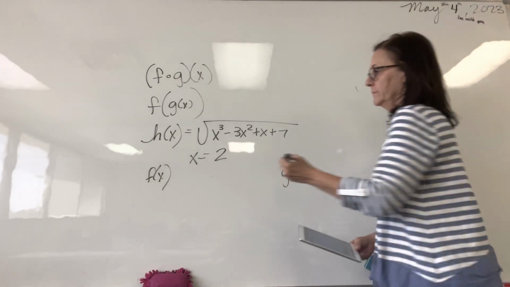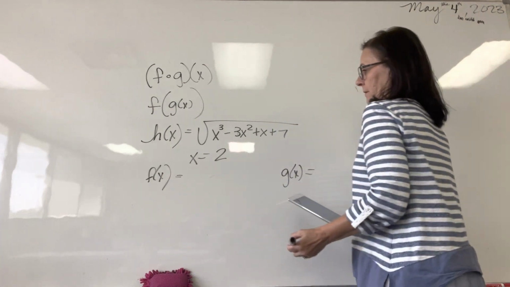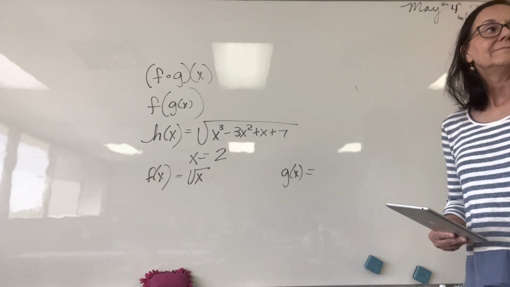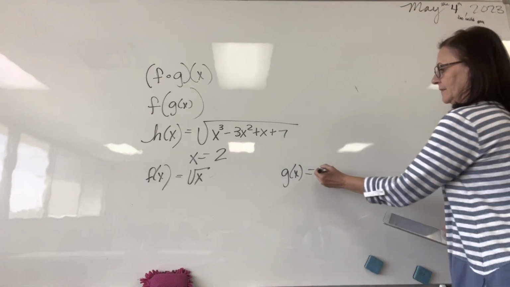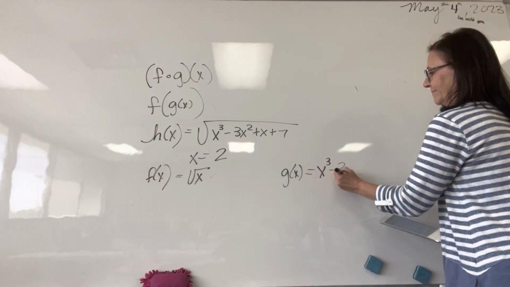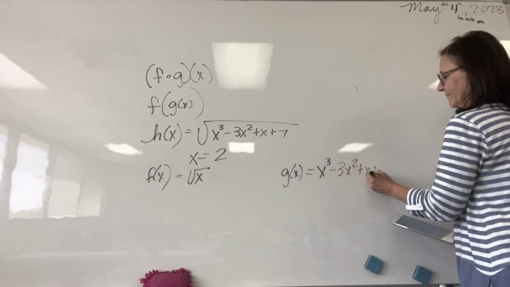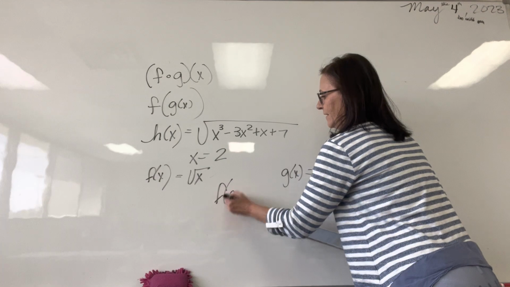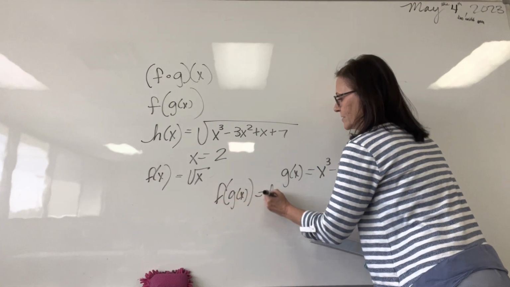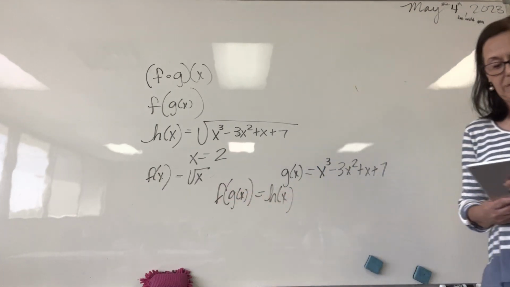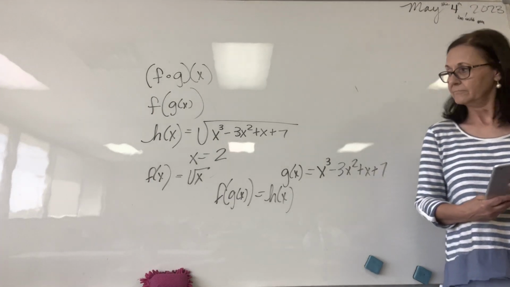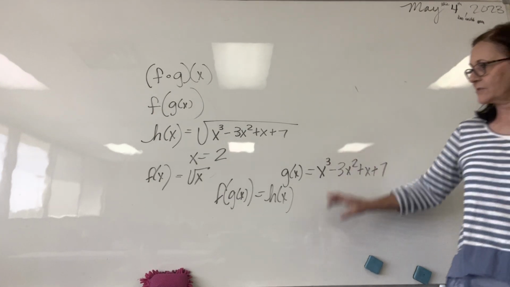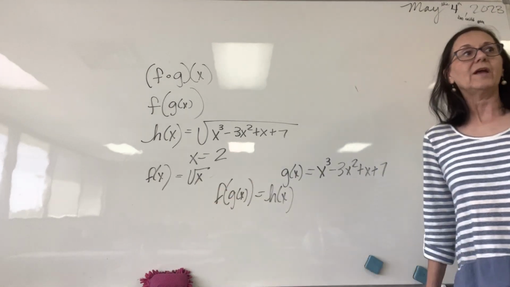For g, you could have x cubed minus 3x squared plus x, and for f, the square root. So this would be f of g of x equals h of x, right? Because you'd be plugging g in here. Which is the same.